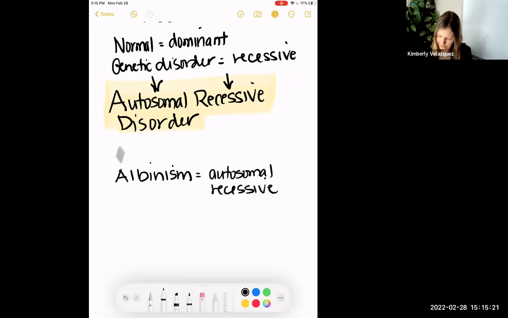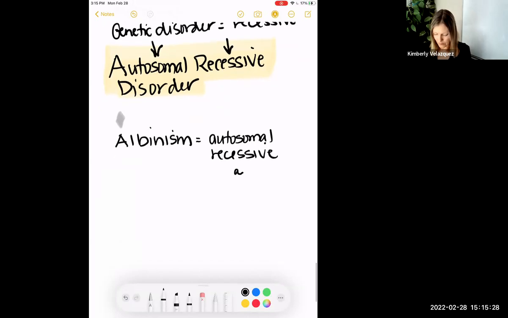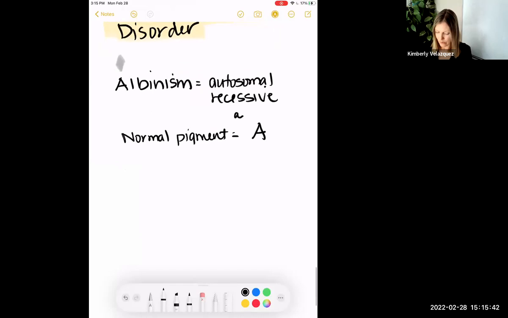So we would represent it with lowercase a for the genotype. Normal pigment in the skin is going to be a capital A. This tells you that normal is dominant over the disorder. So three possibilities.